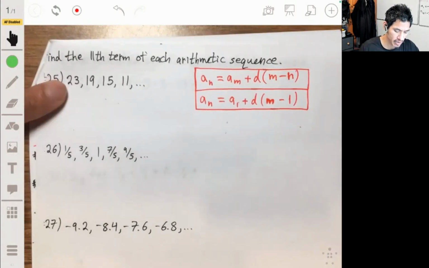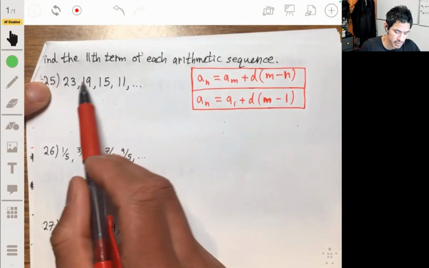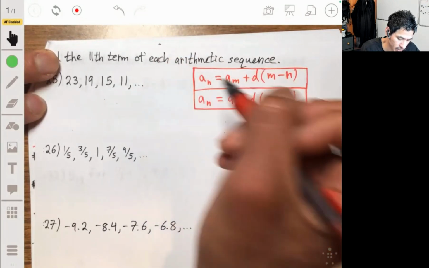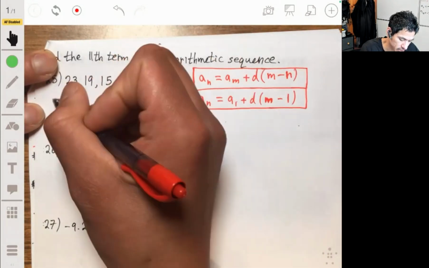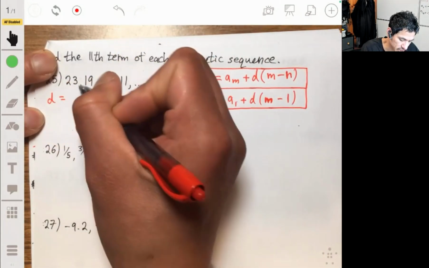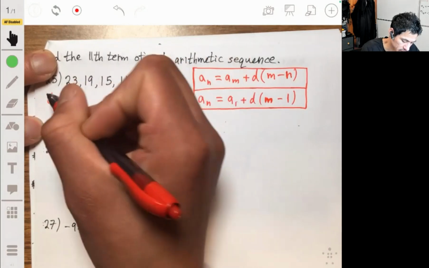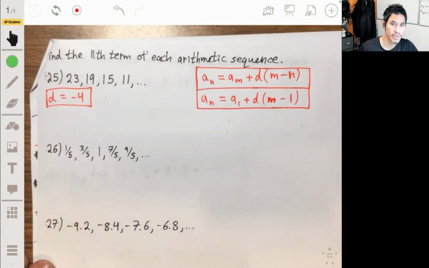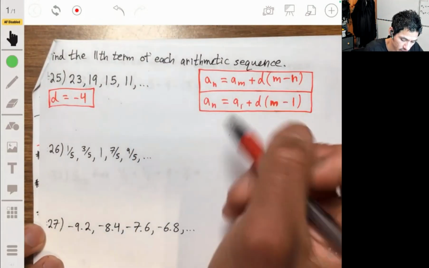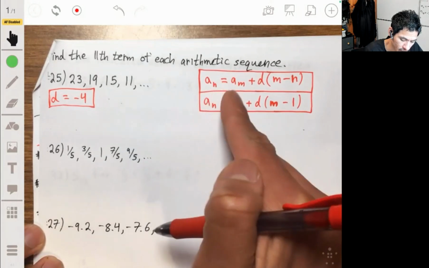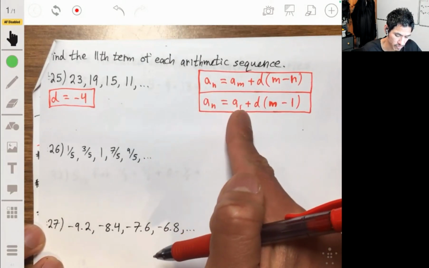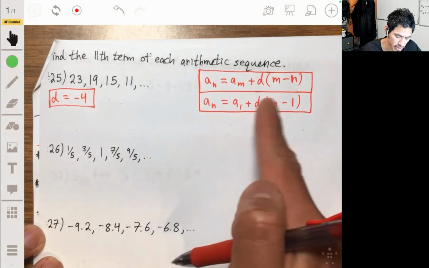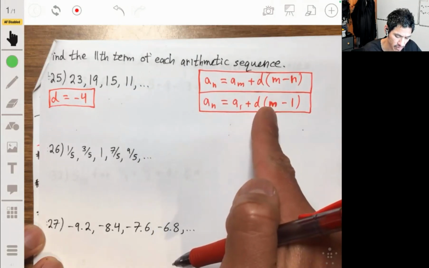So for example, here we have the arithmetic sequence 23, 19, 15, 11. We need to look at the common difference, which is -4, because we're going down by 4 each time. The value of a1, if we want to refer back to this, I wrote these backwards.